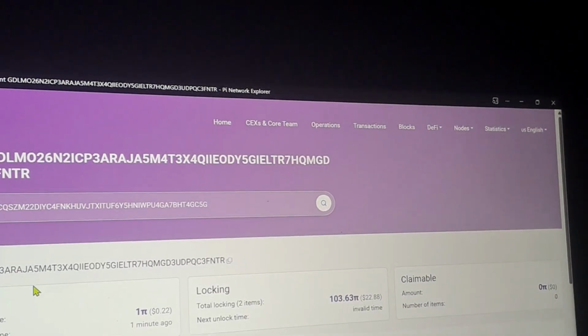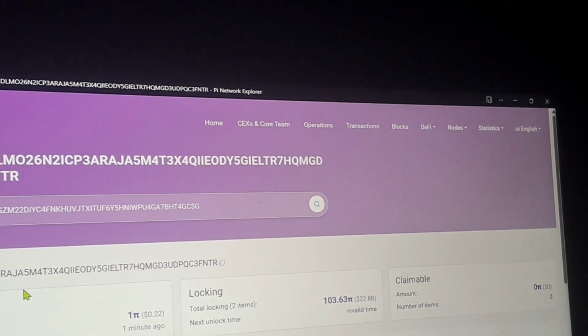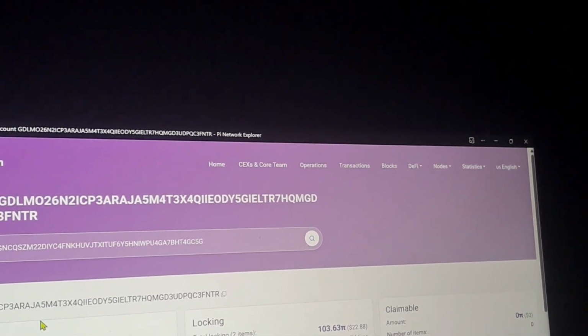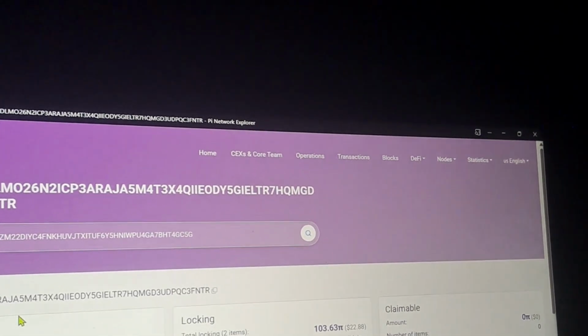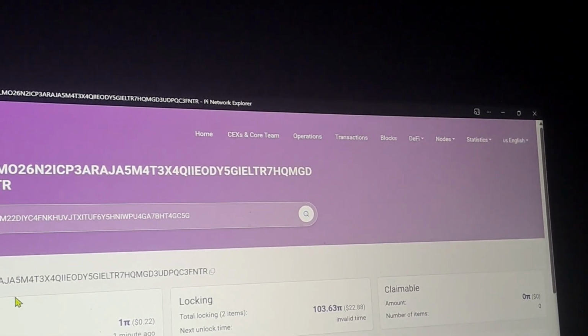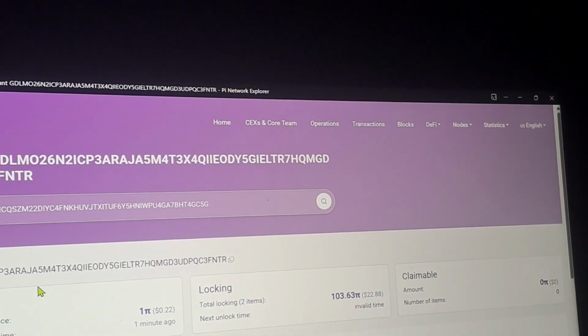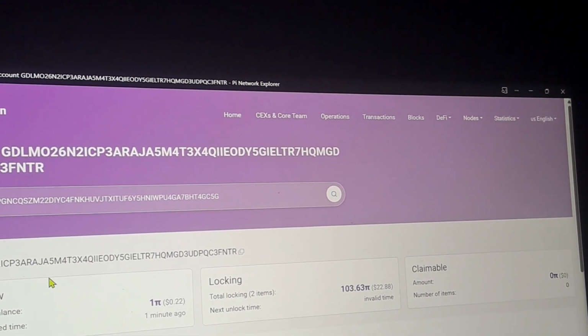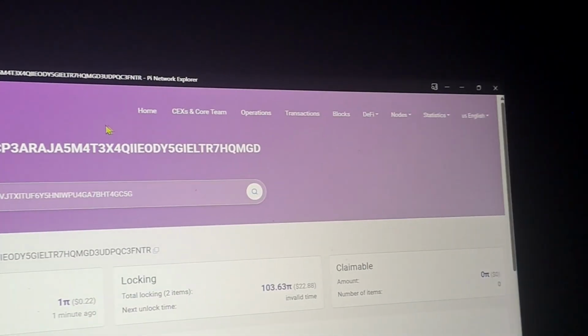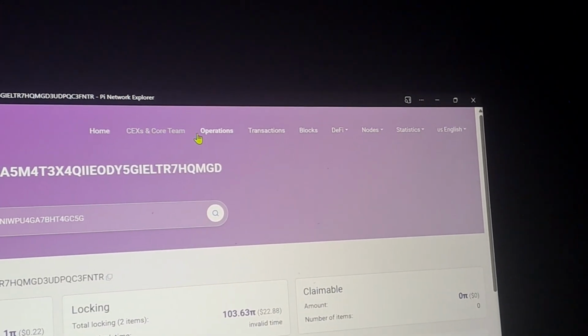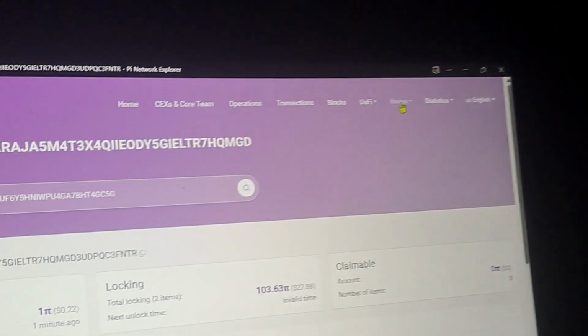You just download it, or you can use the web form of it, and it works so perfectly. And this will enable you to monitor every activity happening in the Pi blockchain. So it is better than the Pi Block Explorer because this has so many features, as I have explained one by one.